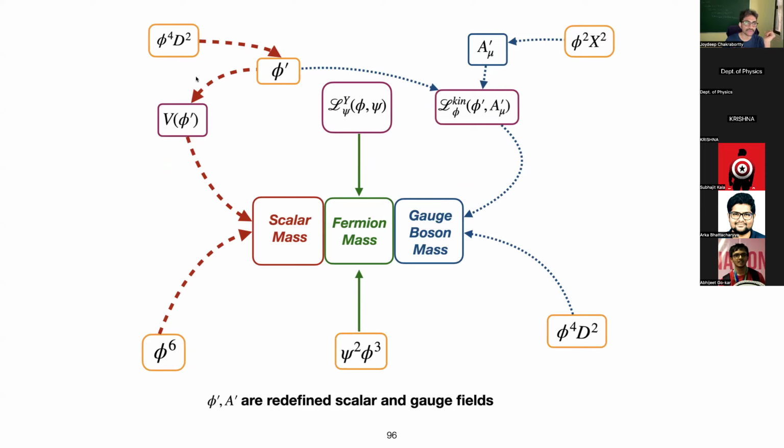So you start with the phi 4 d2 operator. Once you perform the symmetry breaking, it will actually redefine your scalar field. So this is like a field redefinition you have to do once you include the effect of this operator. Once you have this redefined field, automatically your potential is changed, and the potential now also has an additional contribution from the phi 6 operator.